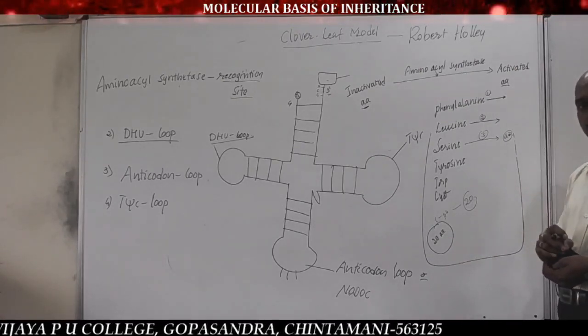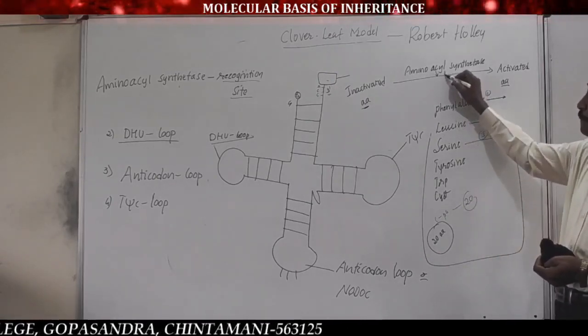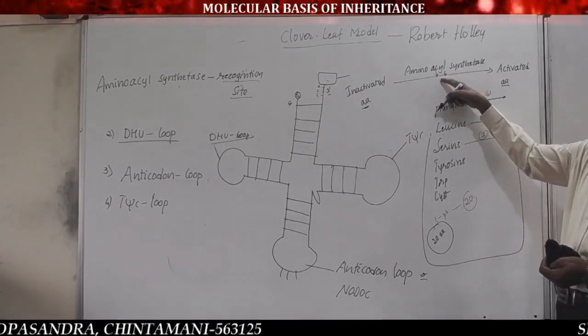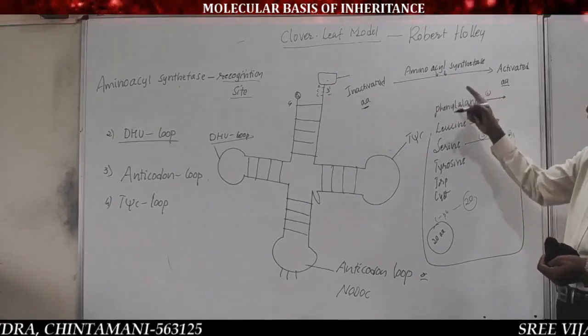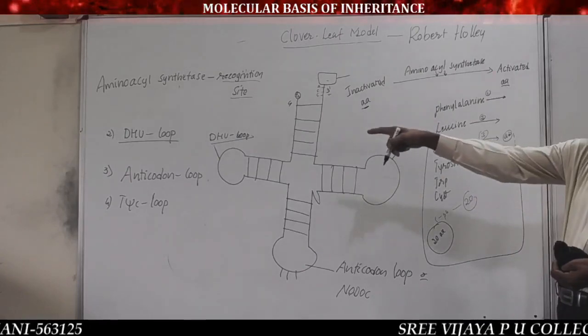Each inactivated amino acid is converted into activated amino acid by the help of the particular, specific amino acid synthetase enzyme. This is identified and recognized by the DHU loop.